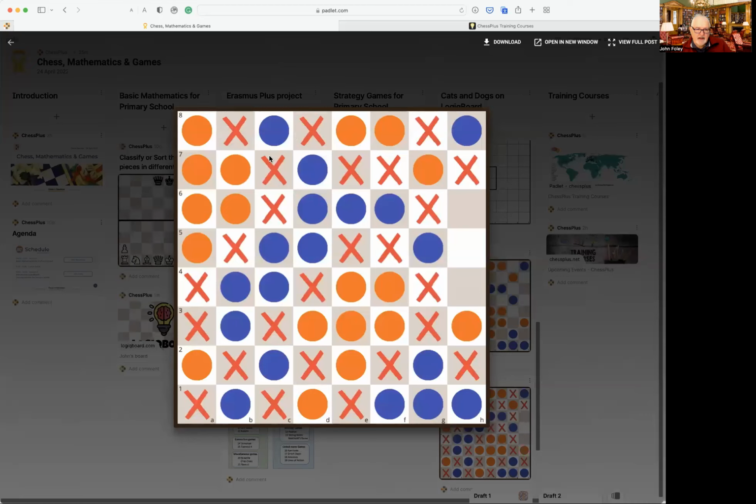So no piece can go to any there. The only segment that is left on the board is this segment here, H4 to H6.